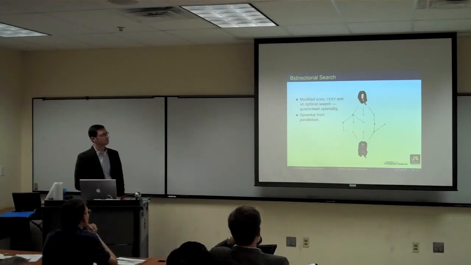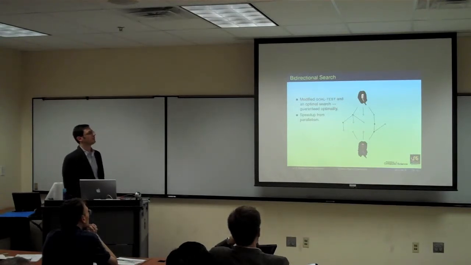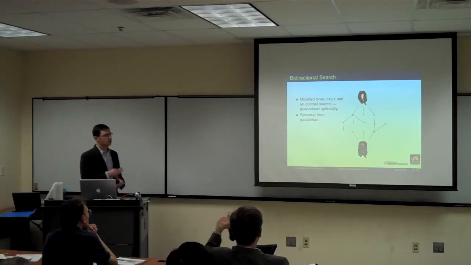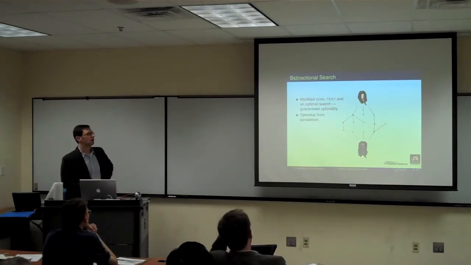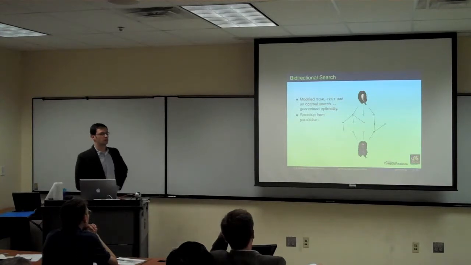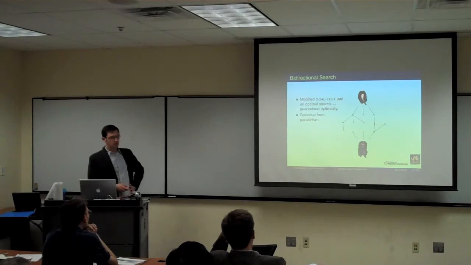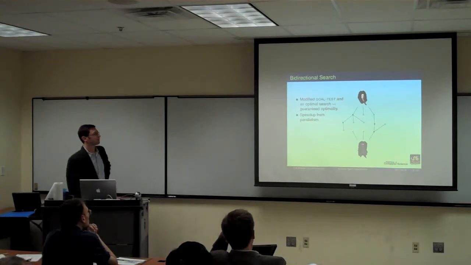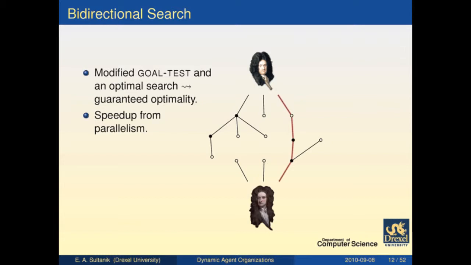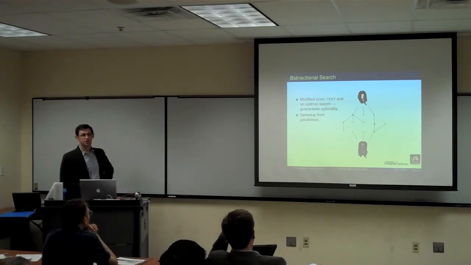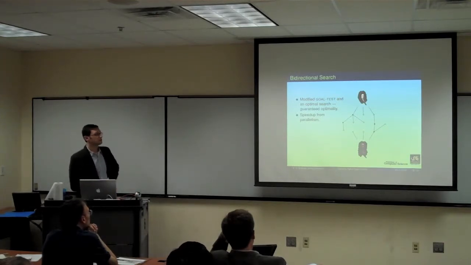Now, if we modify the goal test function, which is the function that tells us when to terminate our search, and we don't just terminate when we get that overlap, but we terminate when both searches expand the same node, and we use two searches that have guaranteed optimality, then this path that is discovered is guaranteed to also be optimal.